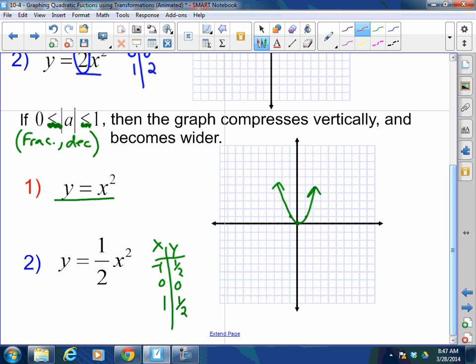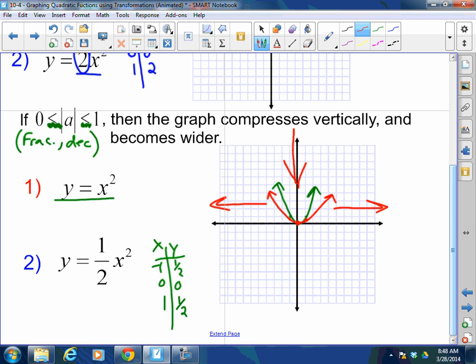I'll do this in red: (0, 0), (1, 1/2) is here, (negative 1, 1/2) is here. So look at what happens. See how it gets wider, guys? Because it got squeezed down, correct? And horizontally, it got stretched.